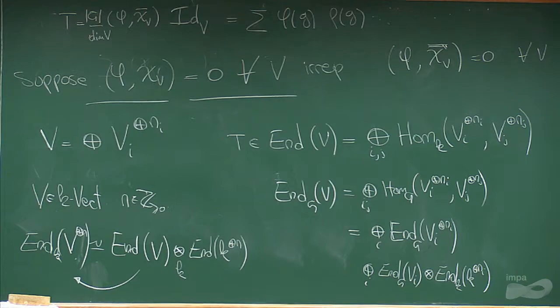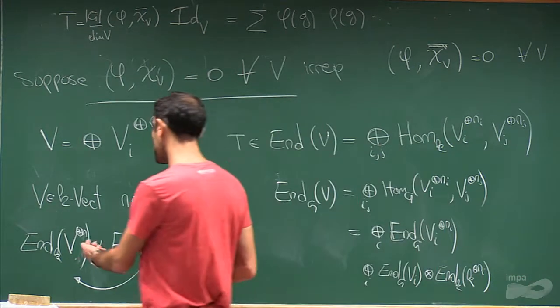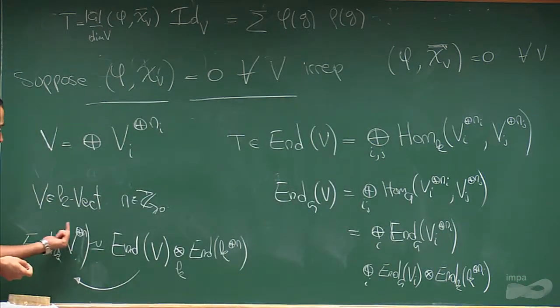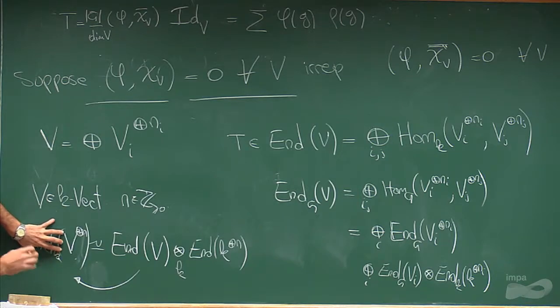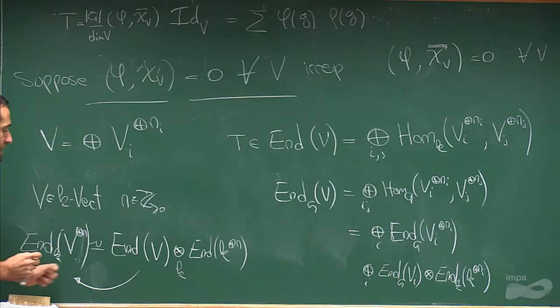But the point of this isomorphism is that when V is a representation of G, this guy here is naturally a G module, where G acts on each, well, forget about the Vn for a second. V to the n is naturally a G module. G acts on each copy of V. Therefore, the endomorphisms is naturally a G module. On this side, the same thing.